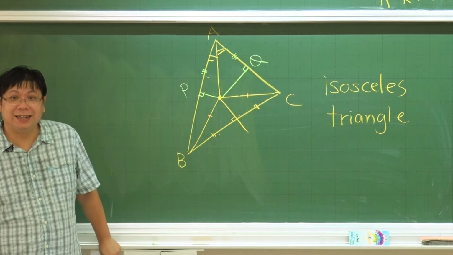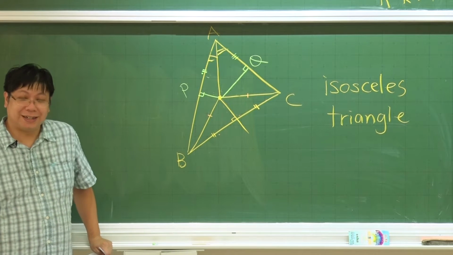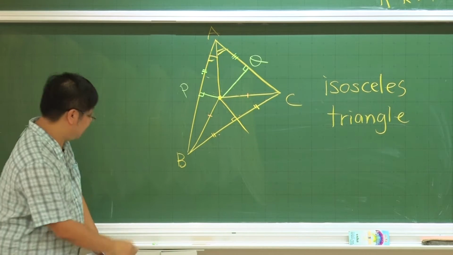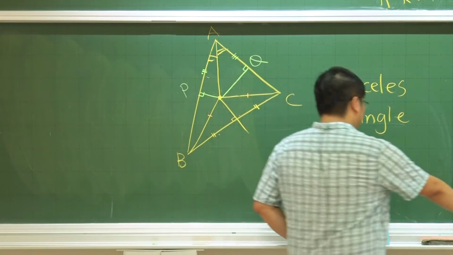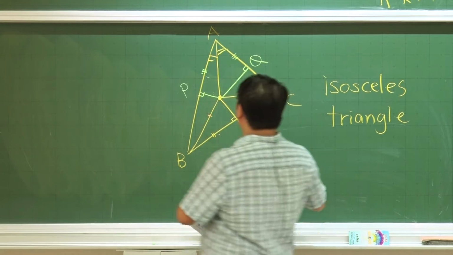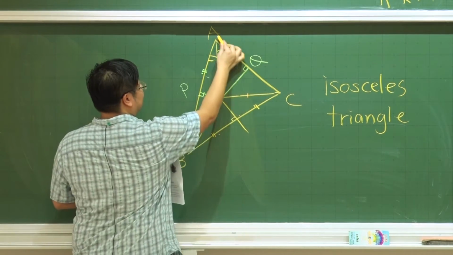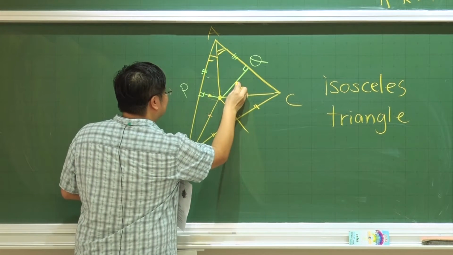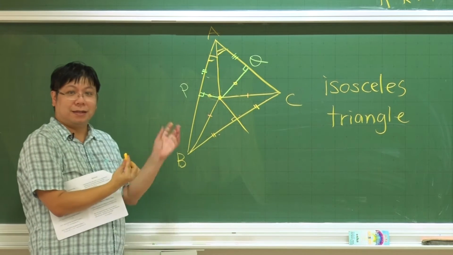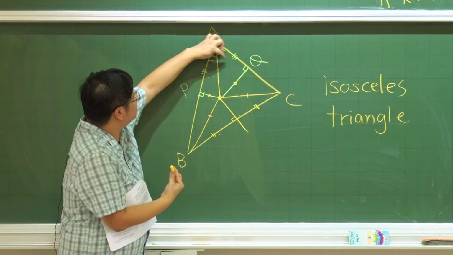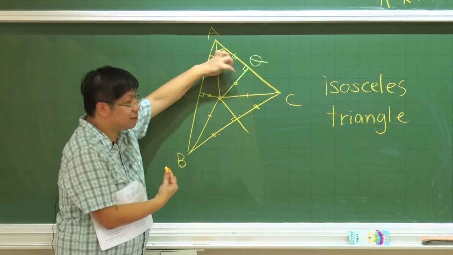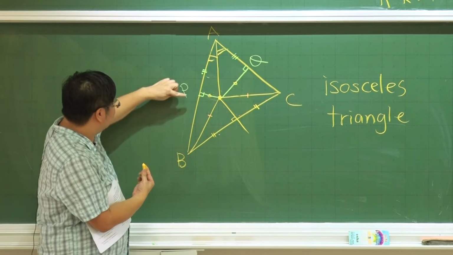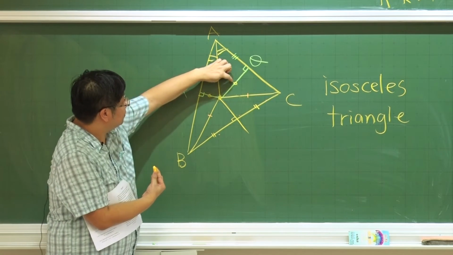Is that okay? Good. And then, I hope you still recall, we are saying that this triangle is the same as this triangle, so this line is the same as this line. This one is common, so this one is the same as this one. So these two lines are the same.